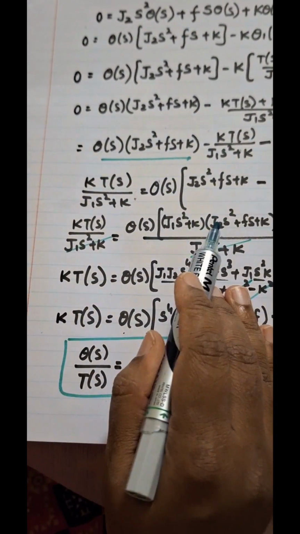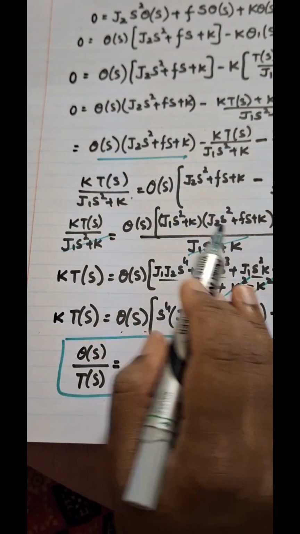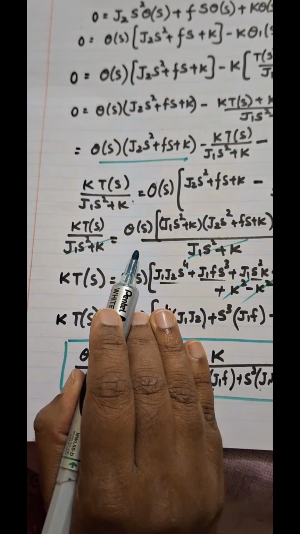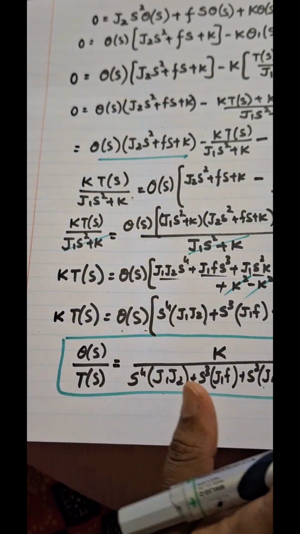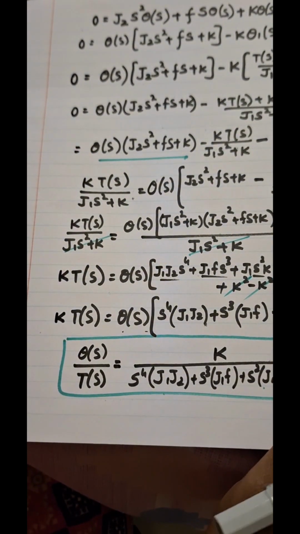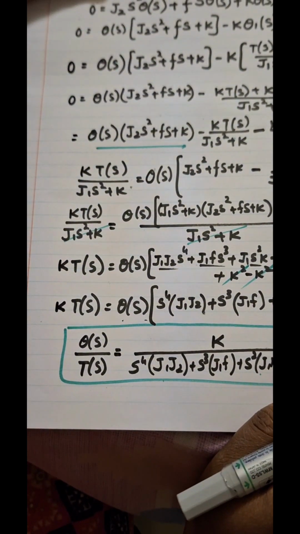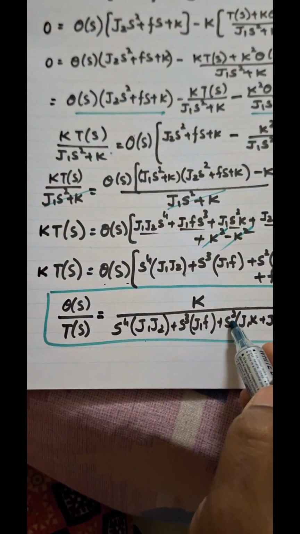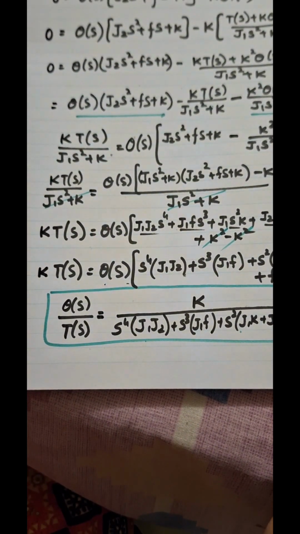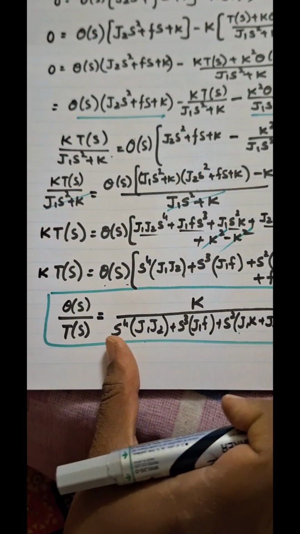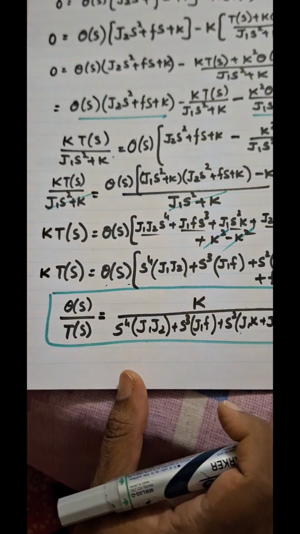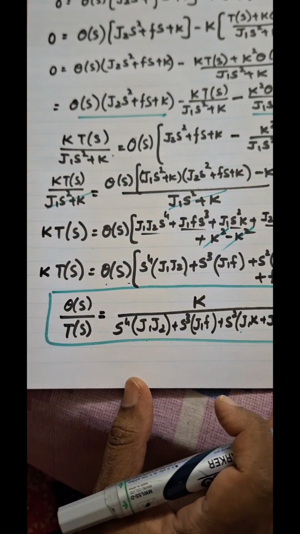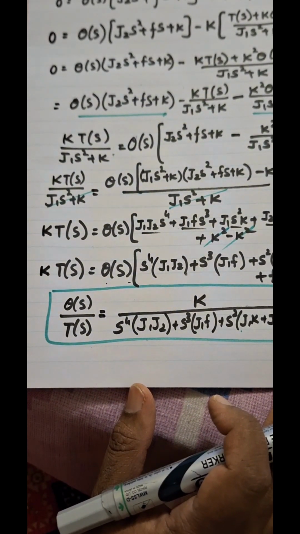Here, if you can, just finish the solution. If you can't, stop here. Theta by T is equal to this by this, done, never mind. So finally you got K by S power 4, S cube, S square. So this is called the transfer function of the given system.